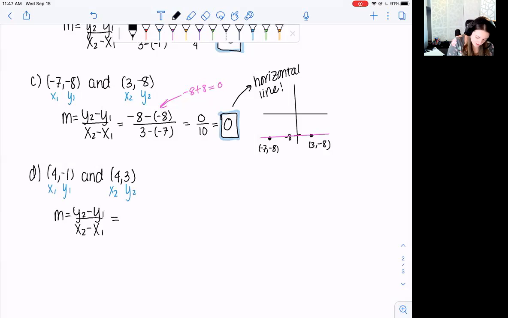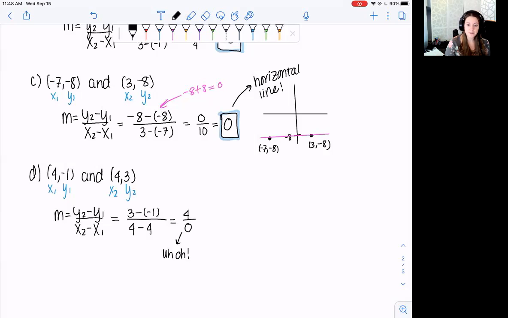All right, so y2 is 3 minus y1 is -1. x2 is 4, x1 is 4. So we get 3 plus 1 is 4 on the top and 0 on the bottom. And that's an uh-oh, because with 0 on the bottom, we can't divide by 0, right?